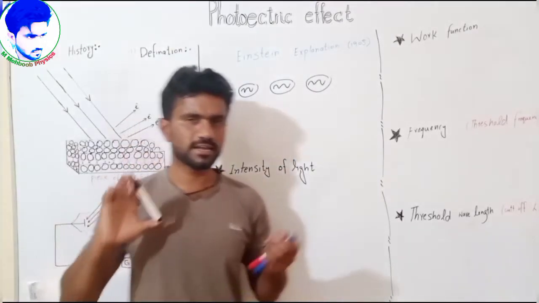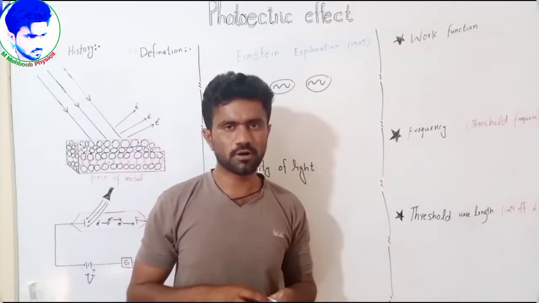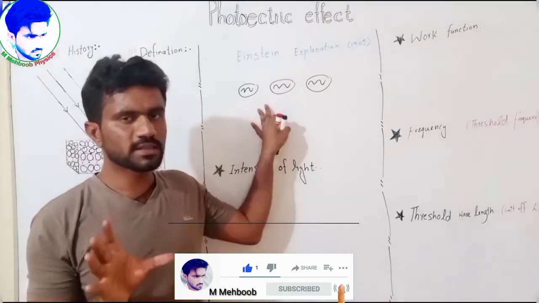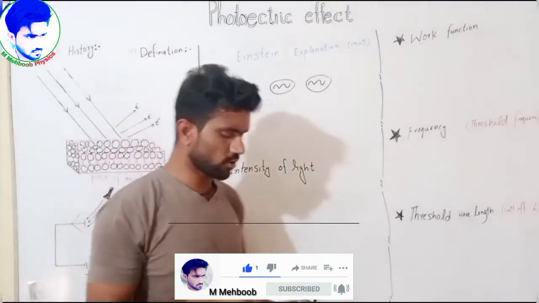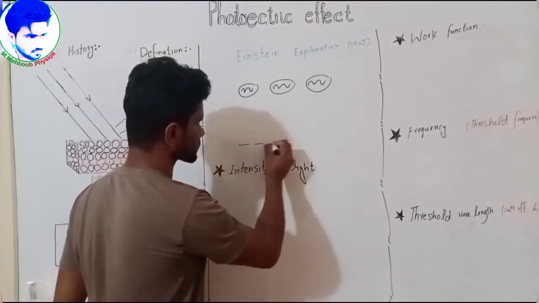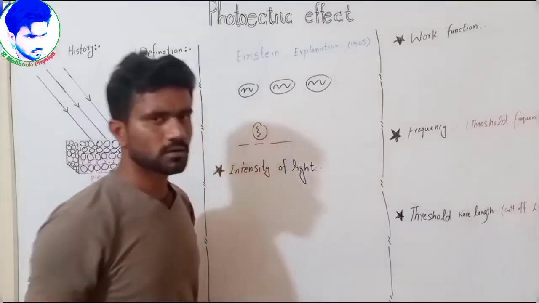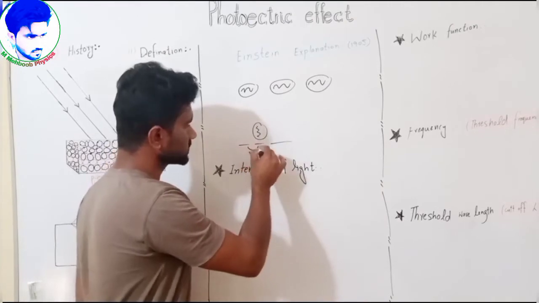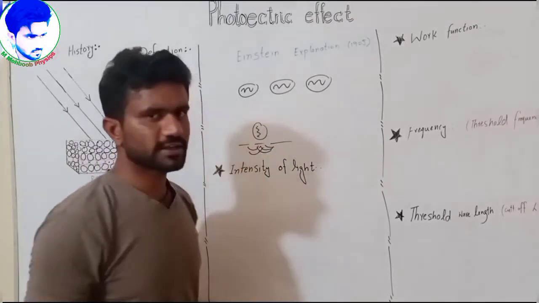Why? Because when the Young double slit experiment was performed, when we threw a single photon between the partition of the slits, it showed the phenomenon of interference.